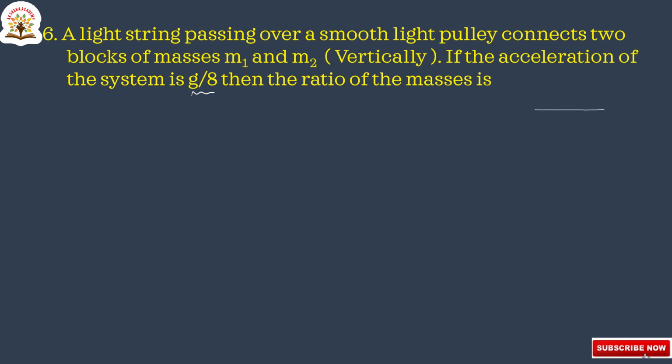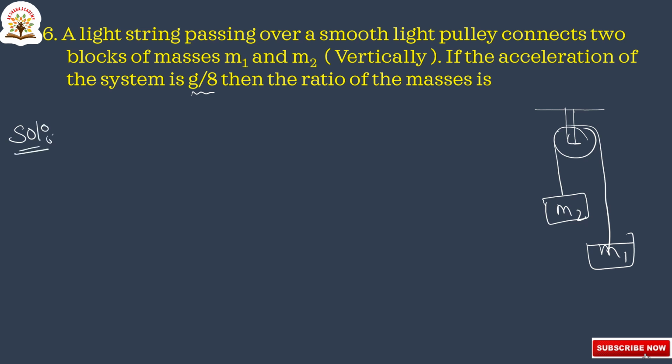Suppose we are connecting two masses M1 and M2 with a light string passing over a smooth light pulley. Here we are taking M1 and this is M2. Now let us go to the solution.